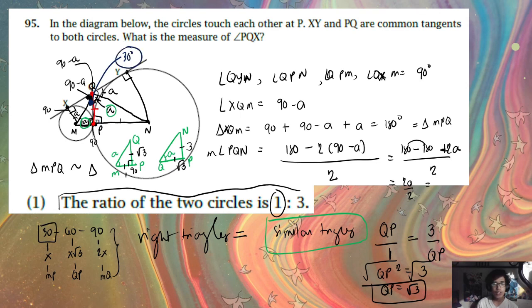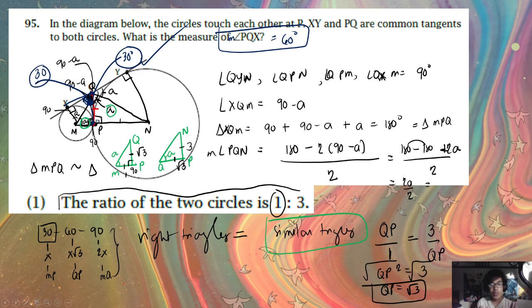Now, if this is 30 and this angle is congruent to this angle, then this should also be 30. And 30 plus 30 gives us the total angle measurement of PQX. So the measurement of angle PQX is 30 times 2, which gives us 60 degrees.